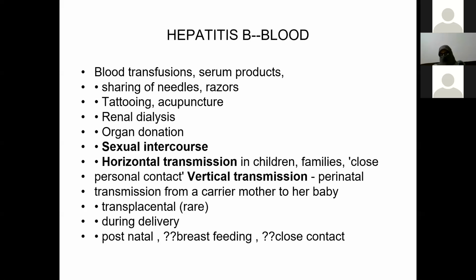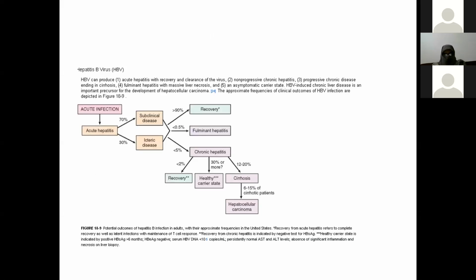Then where the disease is less prevalent, horizontal transmission and these other modes of transmission are more. So it is very important to understand the mode of transmission. ठीक है, क्योंकि अगर आप कहीं अफ्रीका की पॉपुलेशन देख रहे हैं, किसी पेंडेमिक एरिया की देख रहे हैं, तो वहाँ आपने किस फैक्टर को एम्फसाइज करना है और अपने एरिया में आपने किस फैक्टर को एम्फसाइज करना है. And the second point is that the earlier the disease is acquired, जितनी young age पे disease acquire होगी, there is more chance of chronicity.